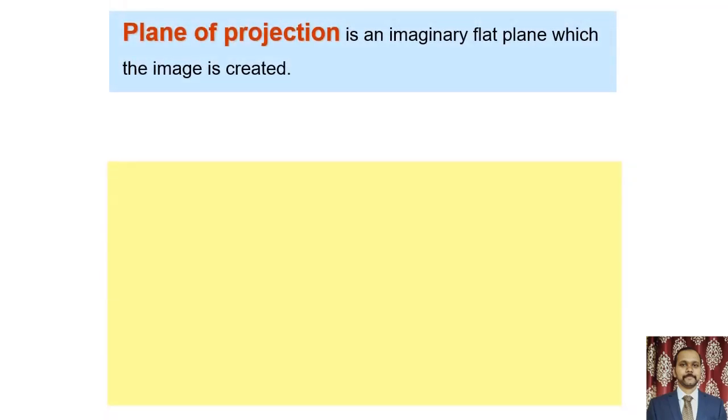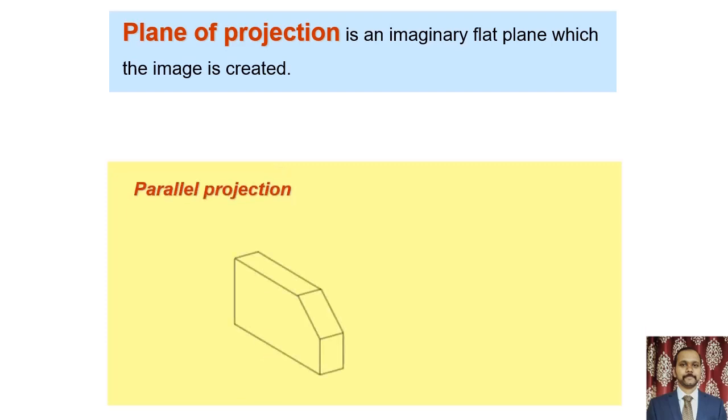So the plane of projection is the imaginary flat plane on which the image is created. It is also a very important thing that we need to understand in engineering drawing. First we go with the parallel projection.